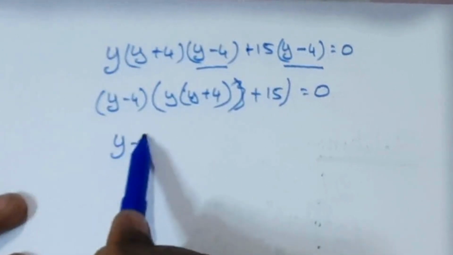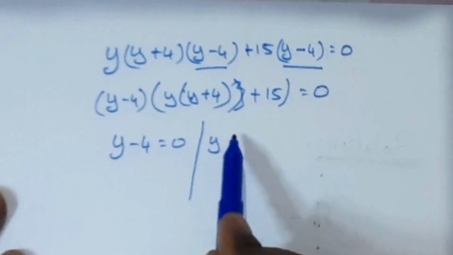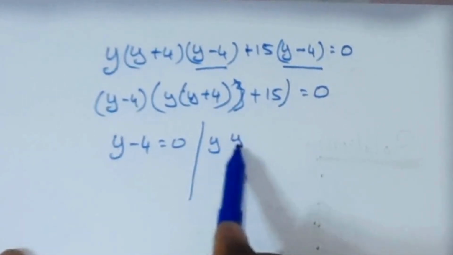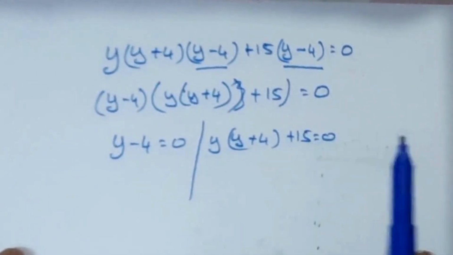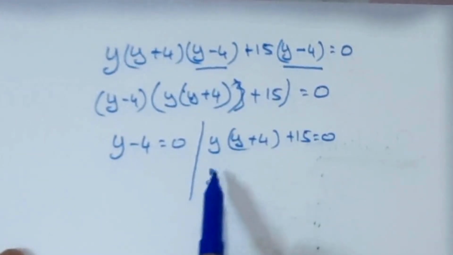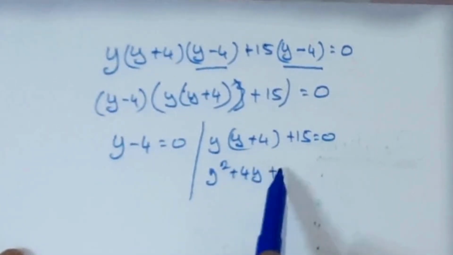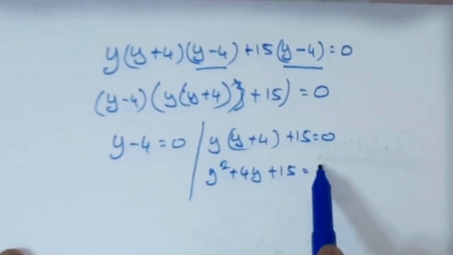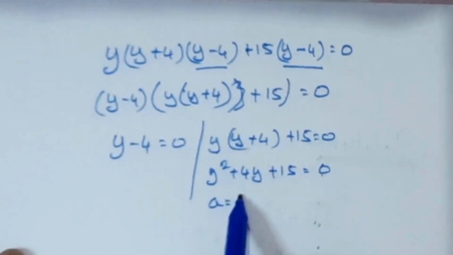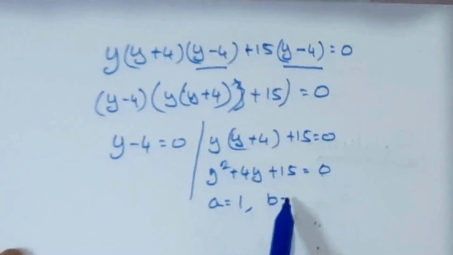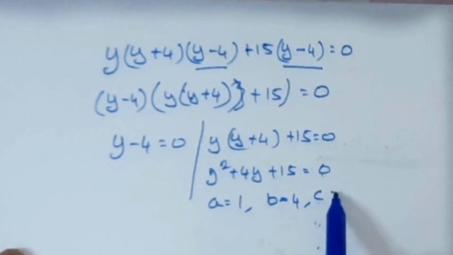One is y minus 4 equal to 0. Another one is y square plus 4y plus 15 equal to 0. Here a equal to 1, b equal to 4, c equal to 15.